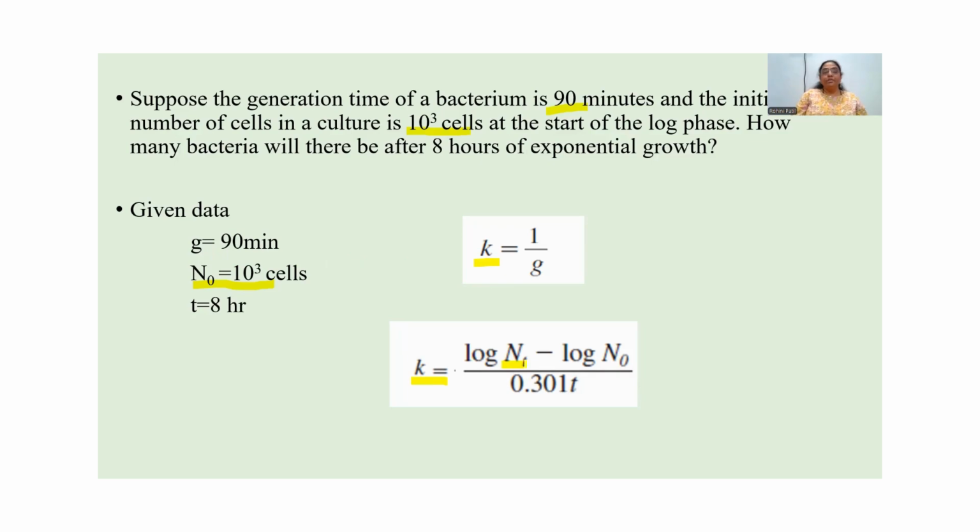So in this way, you can use the mathematics of growth to calculate the generation time, the growth rate constants, and also the initial number of cells and the number of cells at a given time.